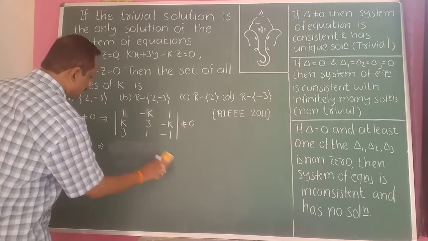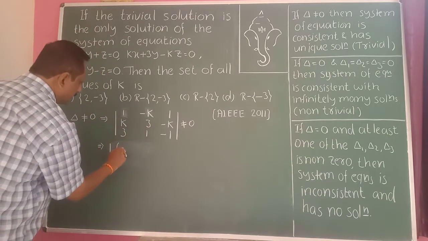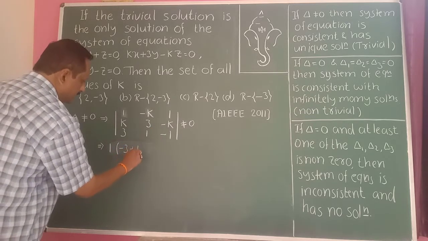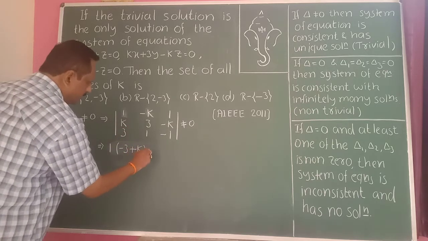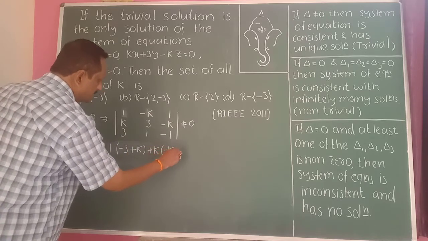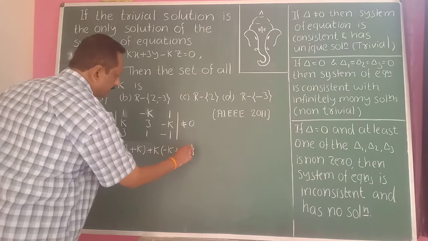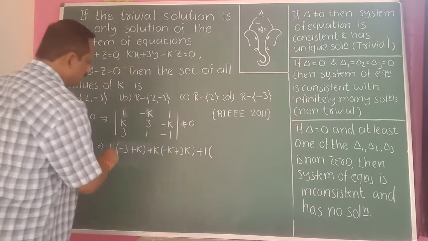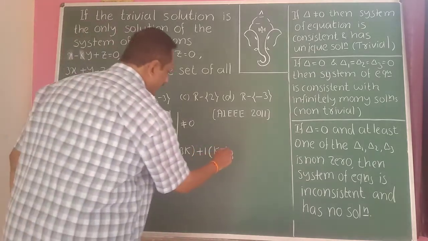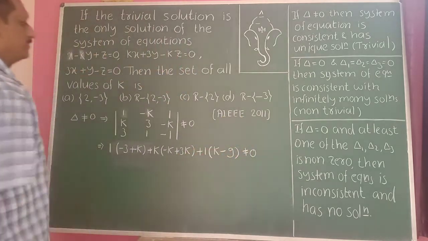Okay, now we expand it. So 1 into bracket 3 into minus 1 is minus 3, minus of 1 into minus k is minus k, minus minus plus k, minus into minus plus k into minus 1 is minus k, minus of 3 into minus k is minus 3k, minus minus plus 3k, plus 1 into k into 1 becomes k, minus of 3 3 is 9, not equal to 0.